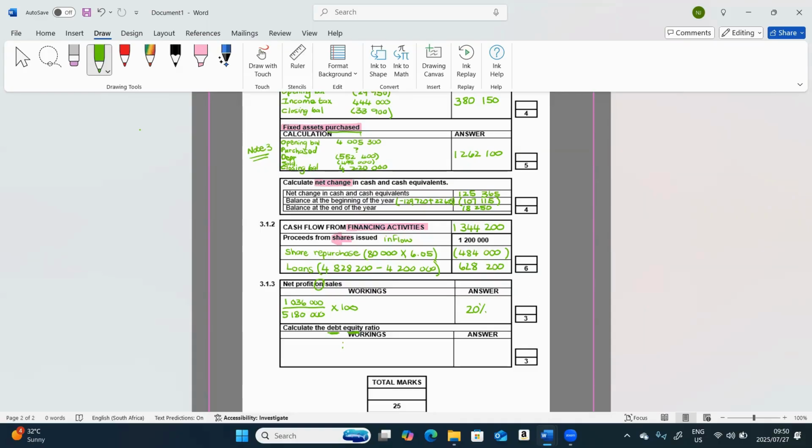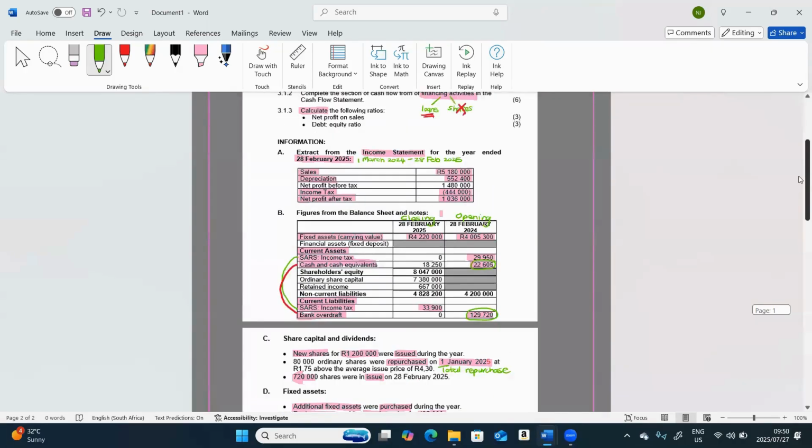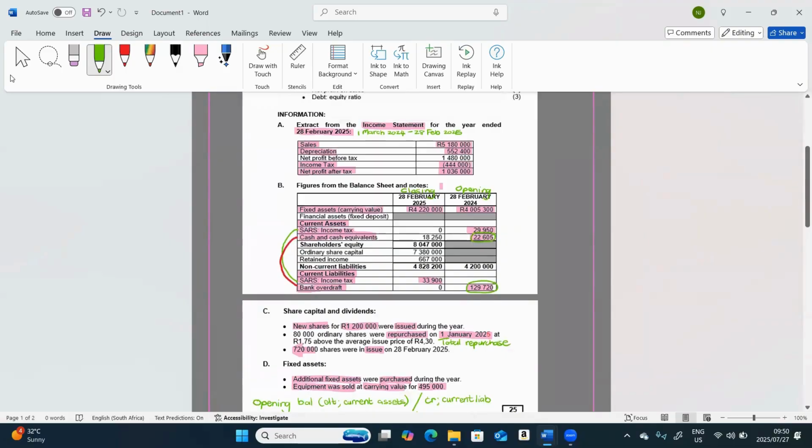Remember, guys, this debt is your long-term debt. It's your non-current debt. So don't add your current liabilities. It's only your non-current liabilities. So let's go get the non-current liabilities at the end of the year.